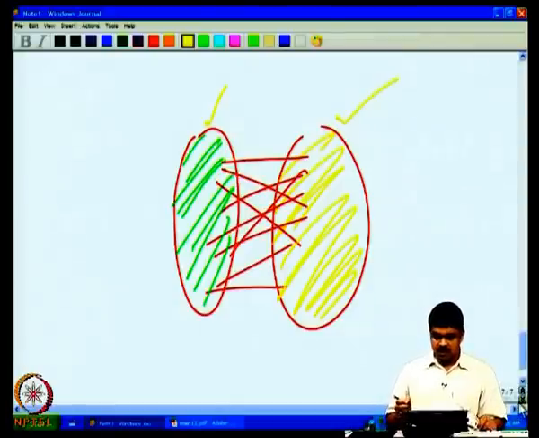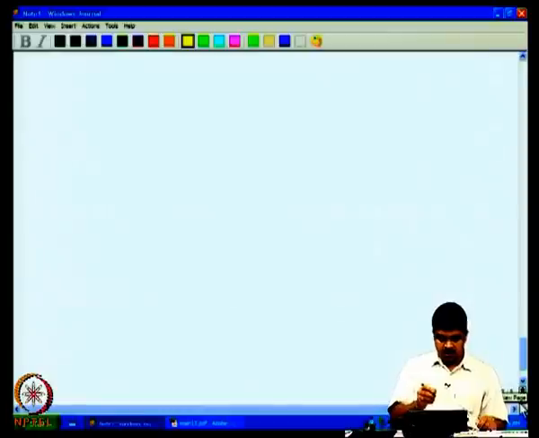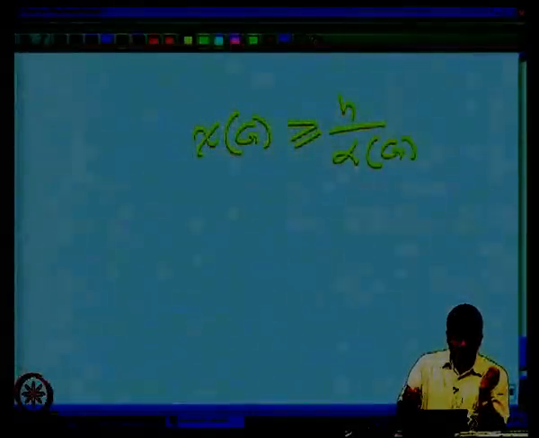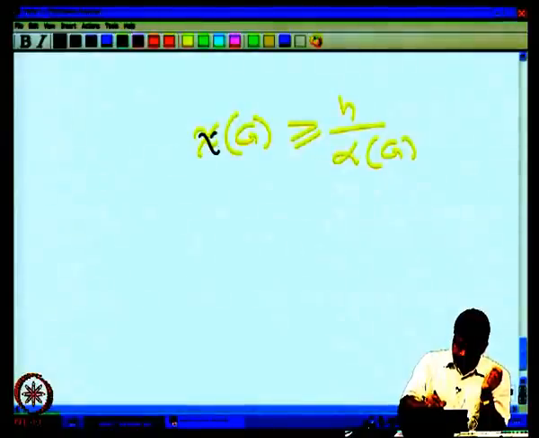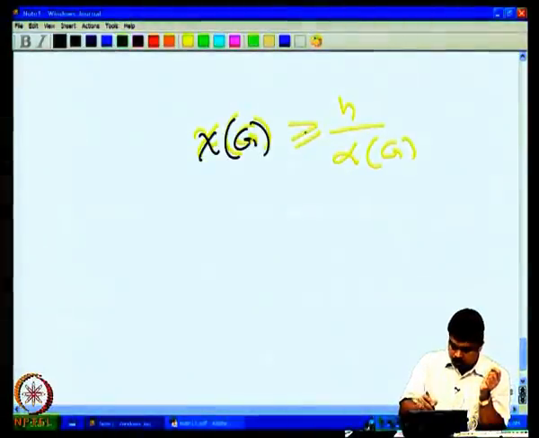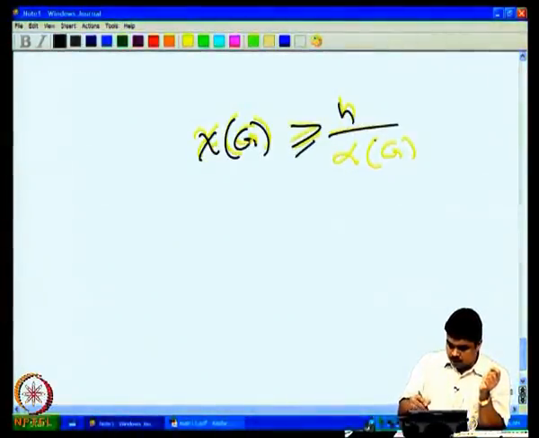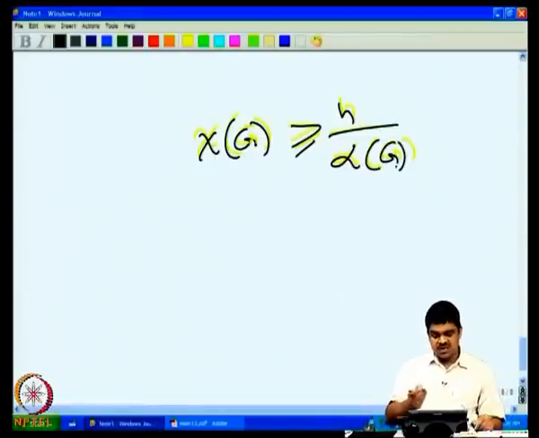So this will give rise to this thing. If n is the number of vertices, chi of G has to be greater than or equal to n by alpha of G, right? Why? Because each color class can contain only a maximum of alpha of G vertices.